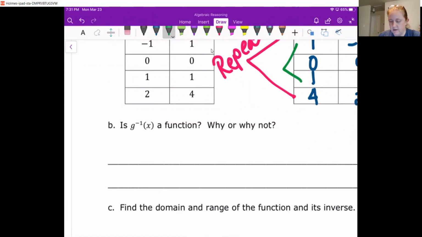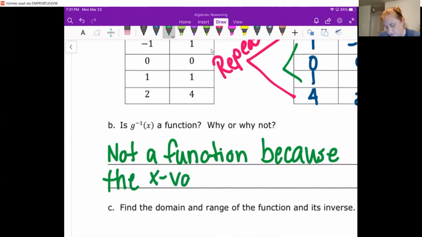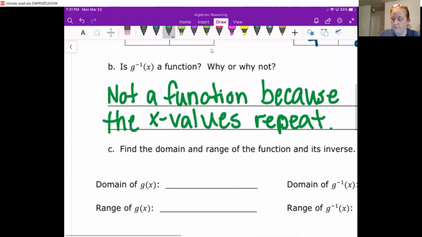So is this a function? No, it's not a function, because the x values repeat. Okay, so not a function.